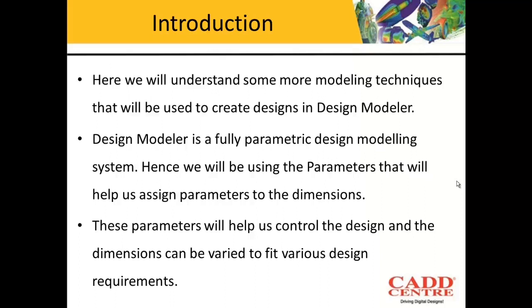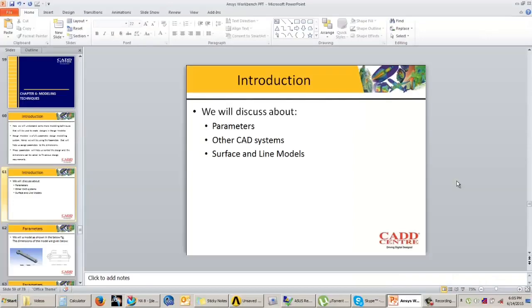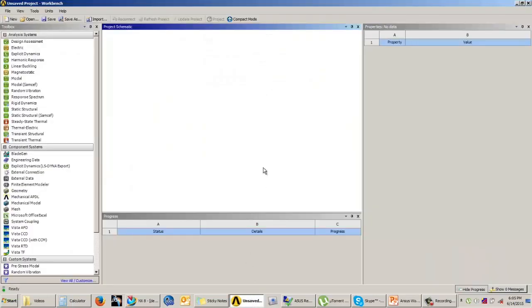So in this chapter we will be discussing parameters, how to import models from other CAD software, and also how to create surface and line models. So let us start with parameters.